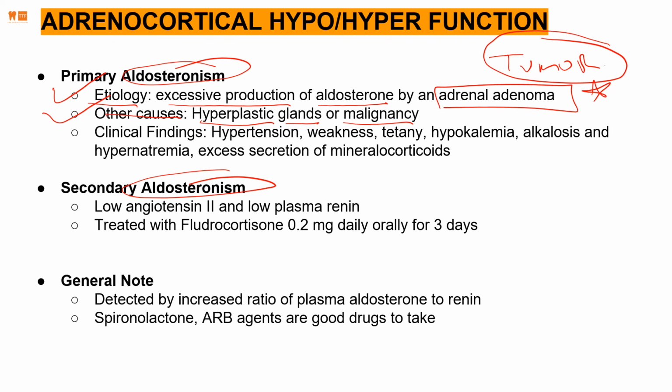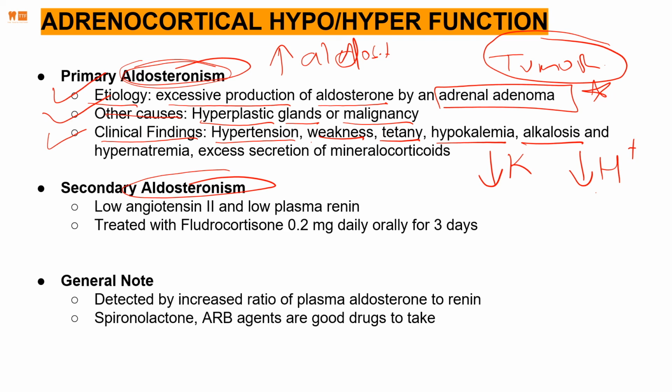Very, very common causes. Clinical findings: hypertension, because in aldosteronism there is an increase in aldosterone. Hypertension, weakness, tetany, hypokalemia, remember, reduction in potassium, alkalosis, reduction in hydrogen ions, hypernatremia, sodium water retention, excess secretion of mineralocorticoids as well.